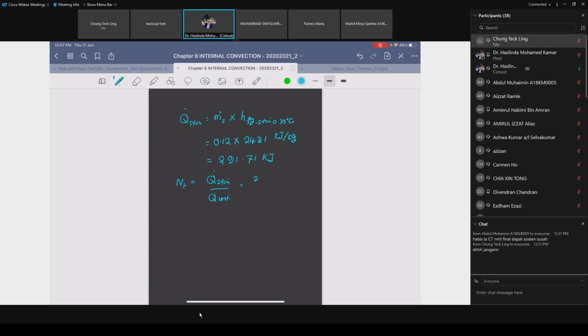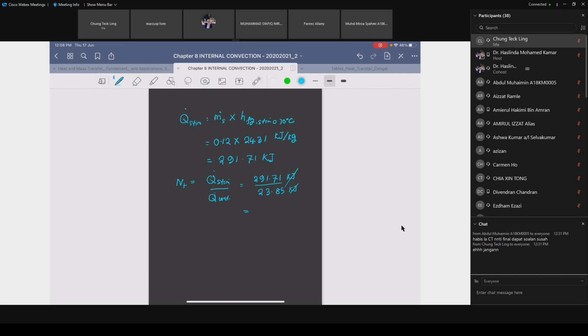So this 291.71 kilojoule, I have to include the unit so that you will not carelessly give your unit. Later. So this one is 24? 24 or 23? 23, 0.84, 85. How much? 85 this.